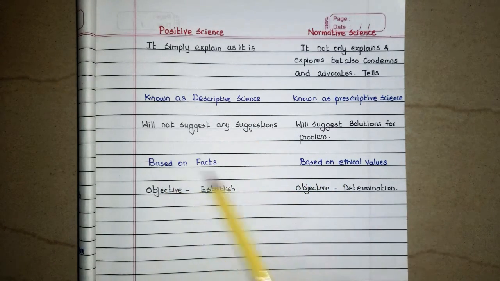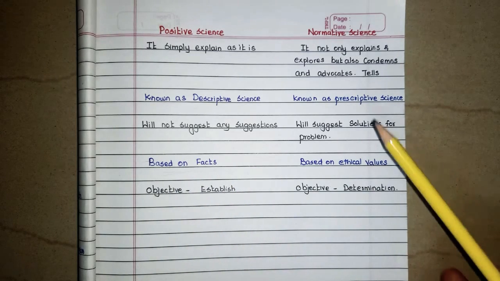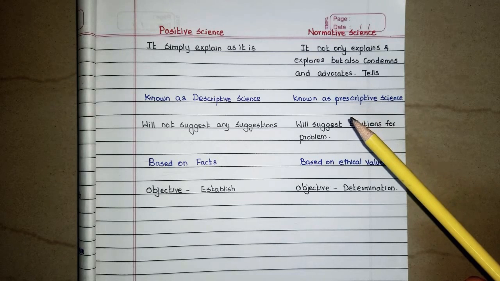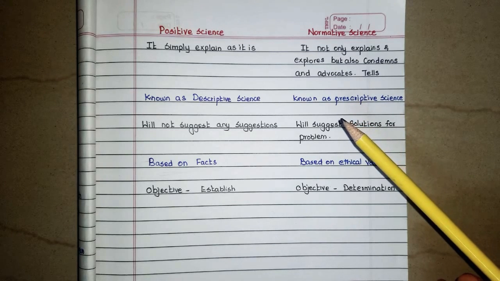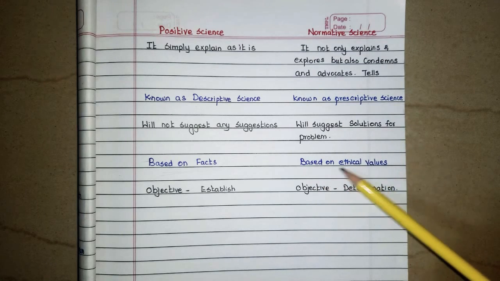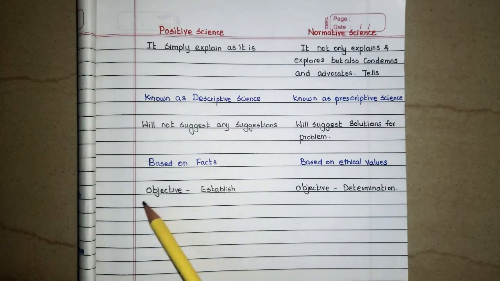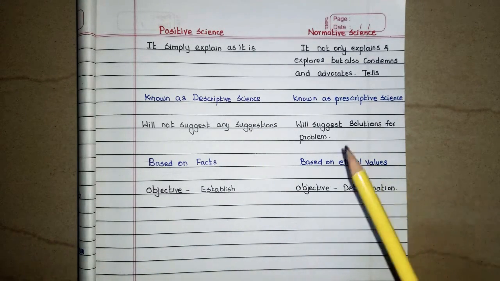So generally it is based on facts. And in normative economics, these are opinions relating to right or wrong of a particular policy matter and are always a matter of debate. Generally it is based on ethical values. So finally, the main objective of positive economics is to establish, and here is determination.